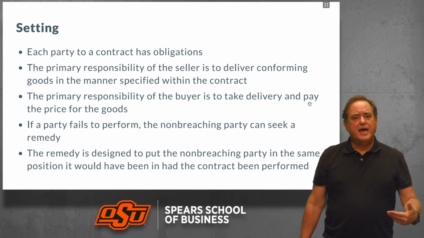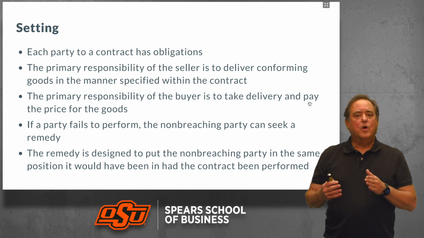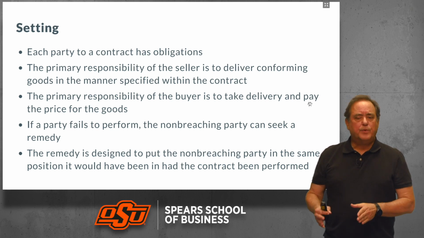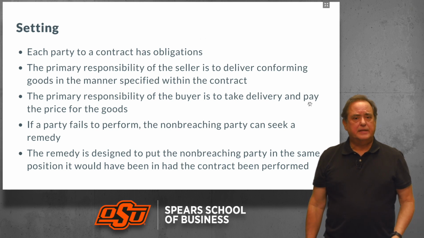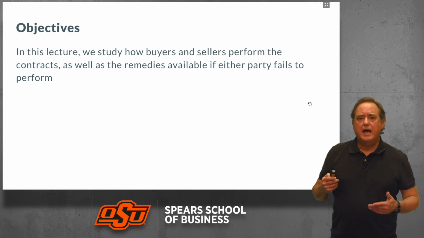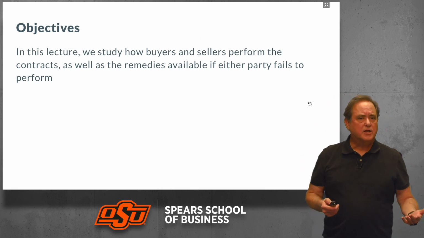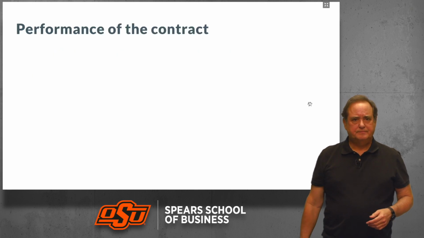So keep that in mind. Our remedy is going to be based on where the non-breaching party would be had the contract actually been carried out. So in this lecture, we're going to look at how buyers and sellers perform contracts, as well as the remedies available if either party fails to perform.